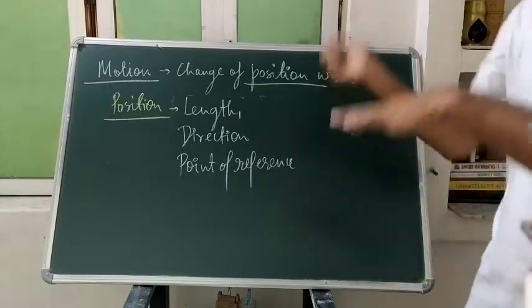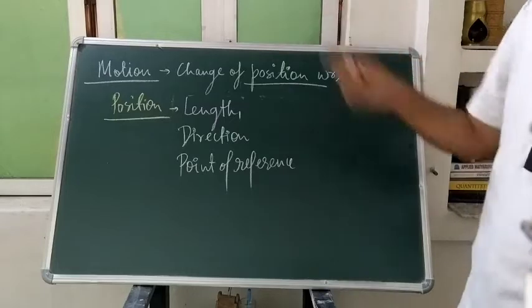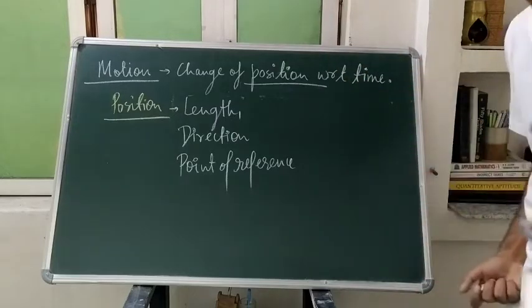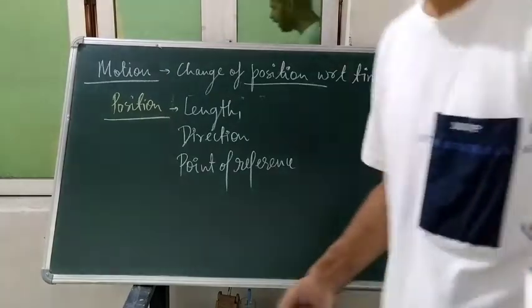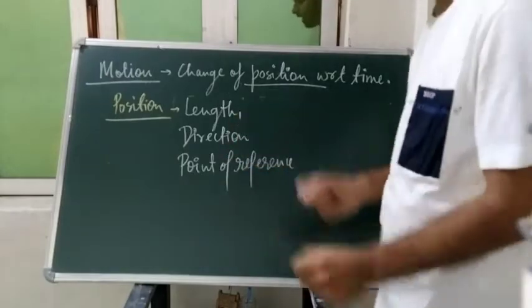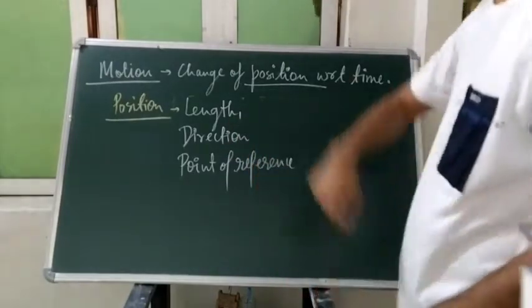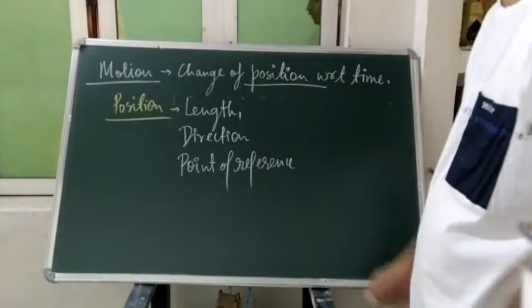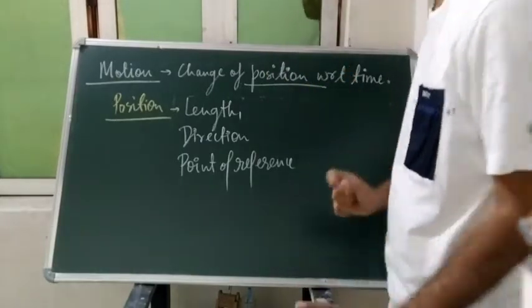So from what point will I measure that length? Whether I will measure from here, or from here, or from here. So from which point you are saying that length is also important to know. I have given you this idea.